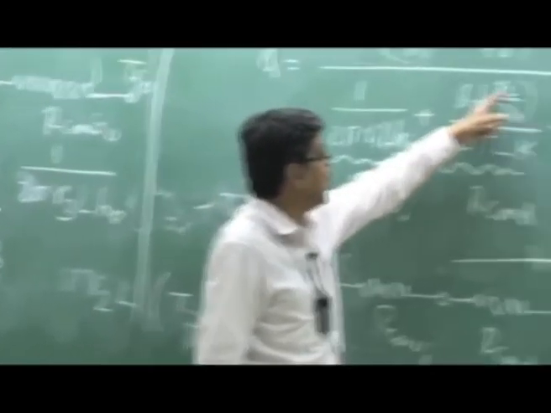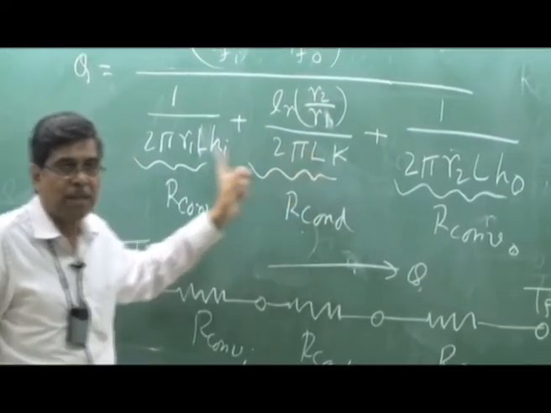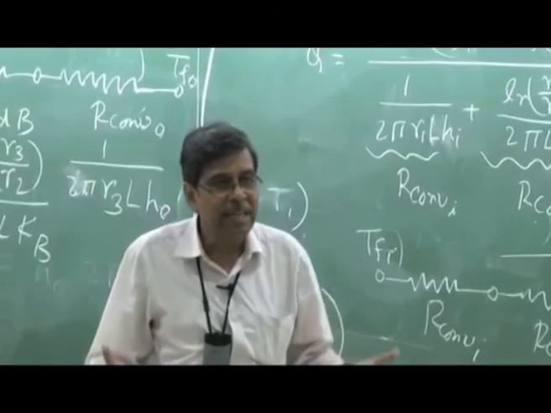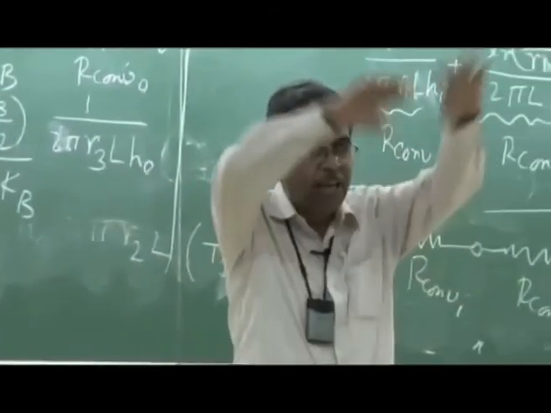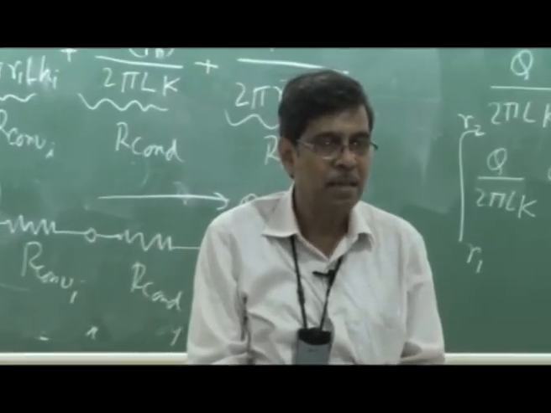The conduction resistance increases, but the convection resistance decreases. This is because the surface area of heat transfer increases.